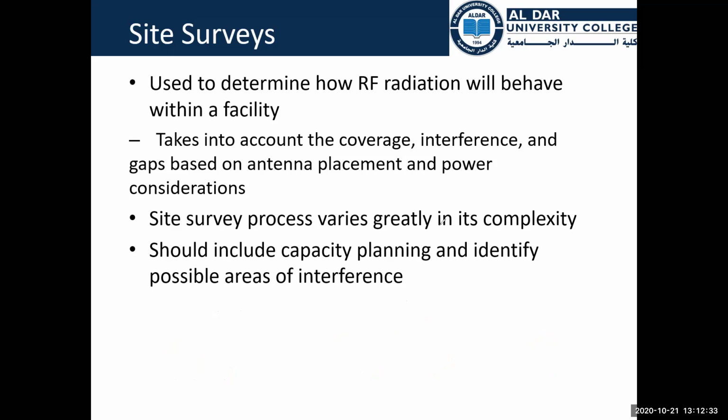For example, some sites have multiple interference from other sources of radio waves. Maybe the place is clean, there are no signals, or the place has interference, and you have to study this interference carefully.